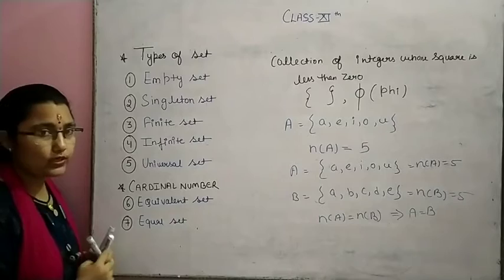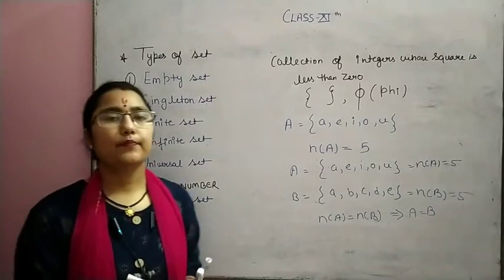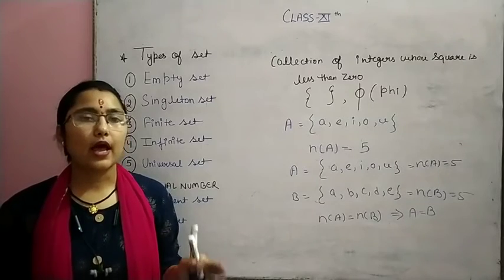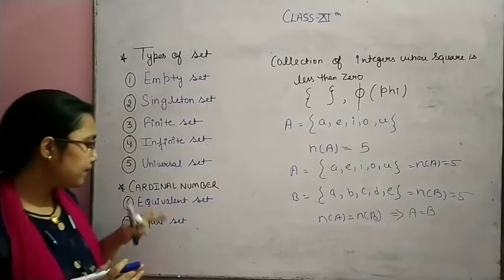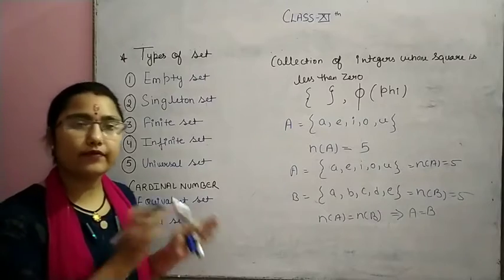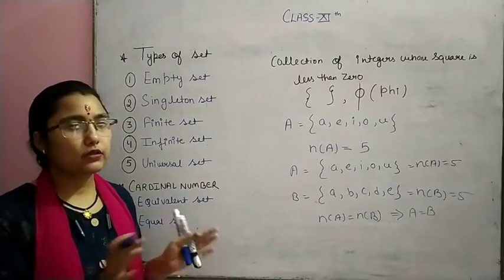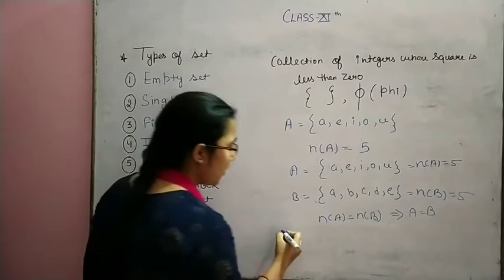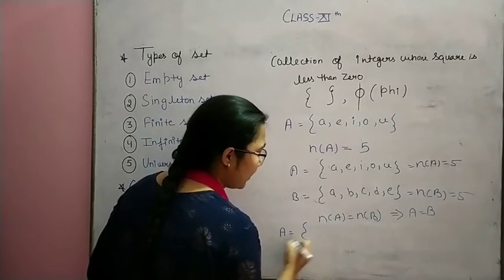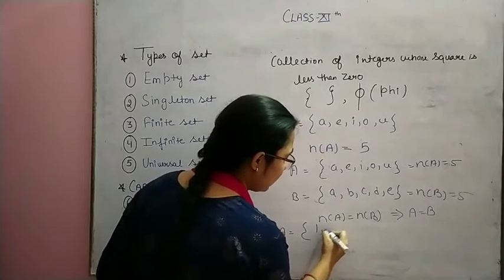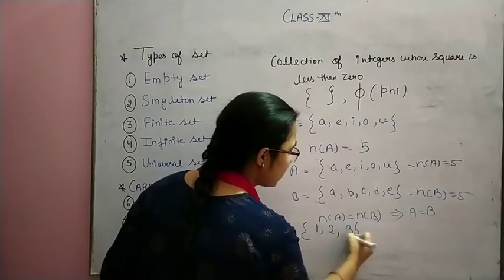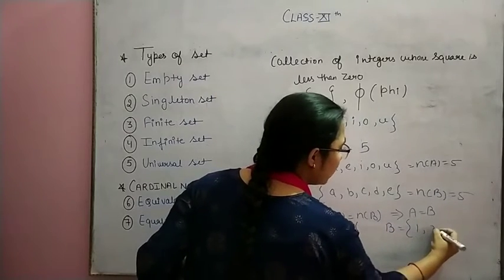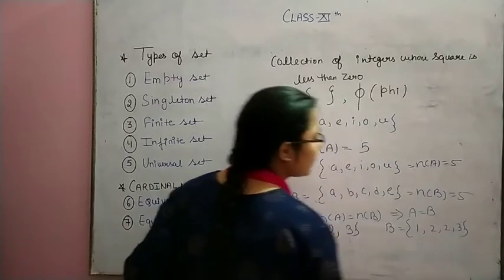Now come to the equal set. If we have two sets A and B, and A contains every element of set B and B contains every element of set A, then both sets are known as equal sets. Suppose we have a set A: 1, 2, 3 and another set B: 1, 2, 2, 3.